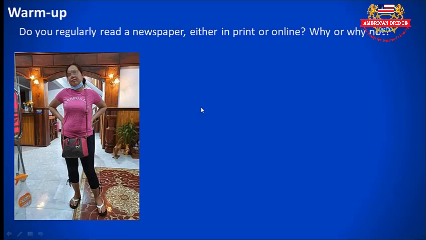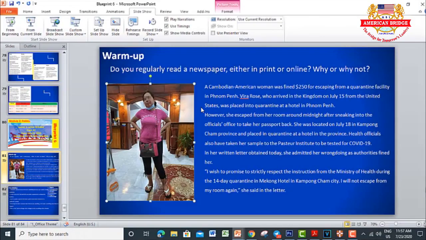She is the woman who flew from America, and when she came back to Cambodia, she escaped from the quarantine area and went to Kampong Cham province. The authority reported that she was staying in a hotel and reported her to the police. Then she was caught. If you want to get information like that, teacher suggests you read the newspaper, like an online newspaper.